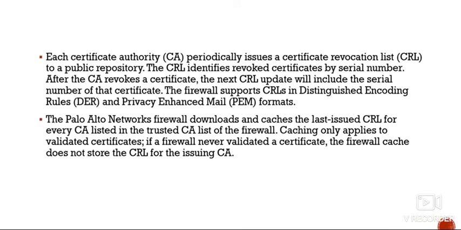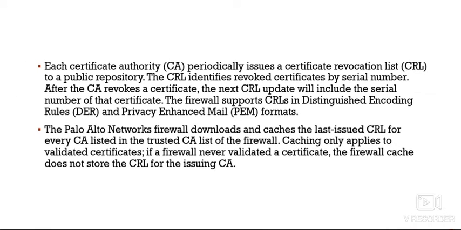Each certificate authority (CA) periodically issues a certificate revocation list (CRL) to a public repository. The CRL identifies revoked certificates by serial number. After the CA revokes a certificate, the next CRL update will include the serial number of the certificate. The firewall supports CRLs in distinguished encoding rules (DER) and privacy enhanced mail (PEM) formats.